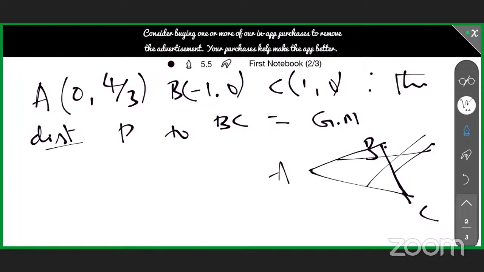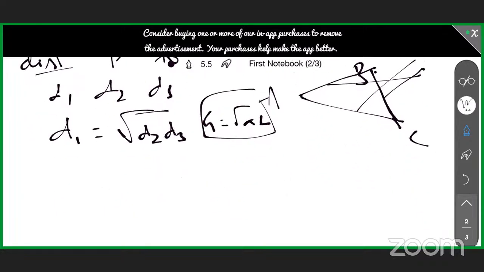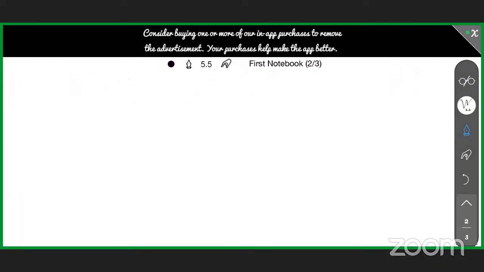If I take the distances as D1, D2, and D3, then D1 is equal to the geometric mean of D2 and D3, so D1 is equal to root of D2 D3. It's a given condition. In this condition, we have to find the locus of point P.